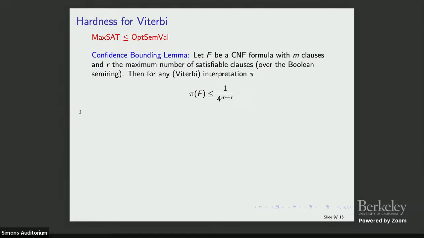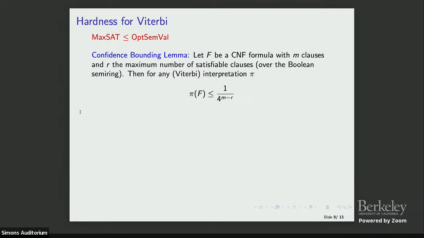form with m clauses, and let r be the maximum number of satisfied clauses over the Boolean ring, then for any Viterbi interpretation, the value is going to be at most 1 over 4 to the m minus r. So it is somewhat independent of anything; it is very general. I call it confidence bounding because, coming from the Viterbi interpretation, there is some meaning of confidence.